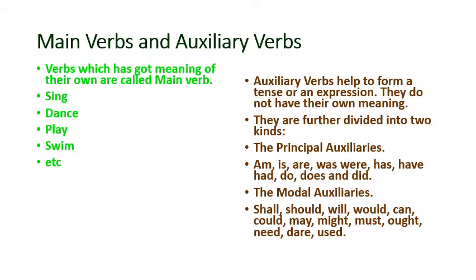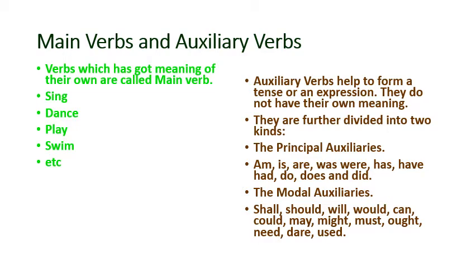Main verbs and auxiliary verbs. Verbs which have got meaning of their own are called main verbs, like sing, dance, play, swim, etc. Auxiliary verbs help to form a tense or an expression. They do not have their own meaning.